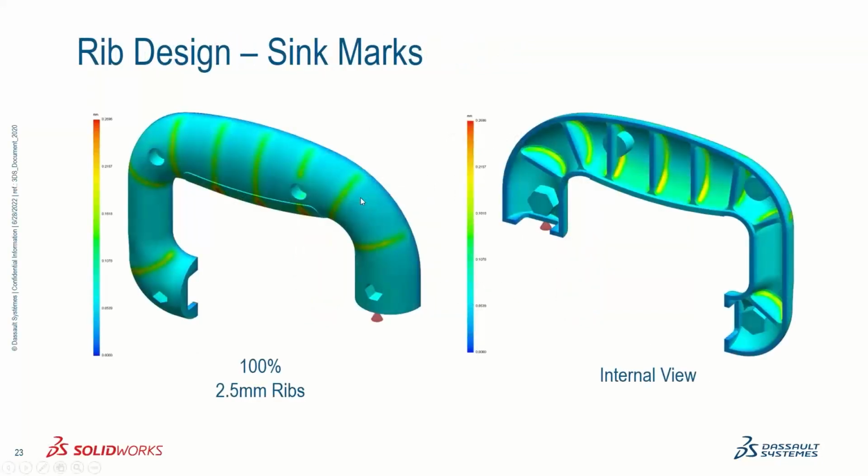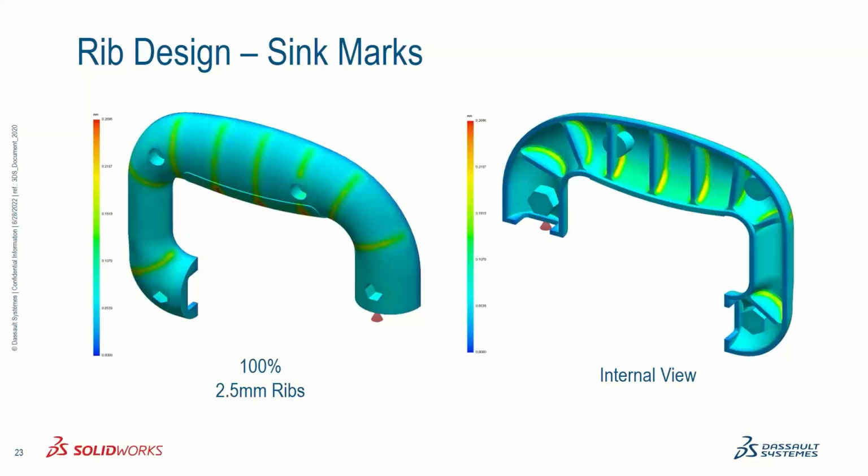So if we go back to that example of the handle, the same handle that we looked at earlier. Now, let's say we've added some stiffening features, ribs. So in this first design, we have the ribs. The base of the rib is at the same thickness as the nominal wall. So both the base of the rib and the nominal wall are at 2.5 millimeters.